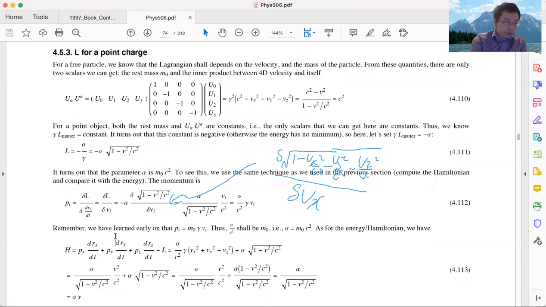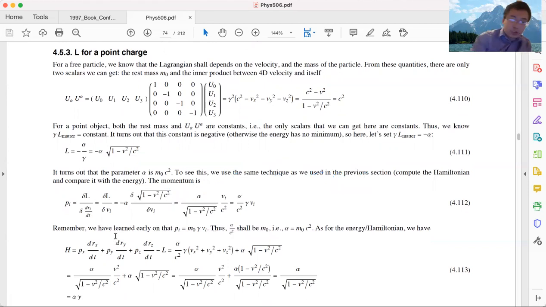And remember, we learned early on that momentum for a point particle in relativistic physics is the mass of this particle times velocity, and the mass is the rest mass times gamma. In other words, momentum is rest mass times gamma times v_i.